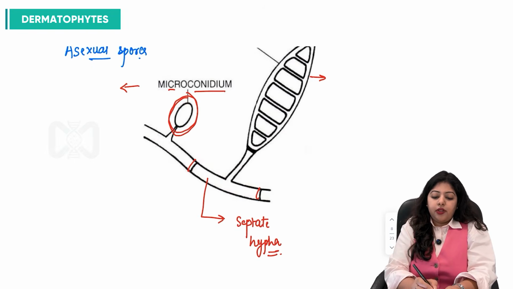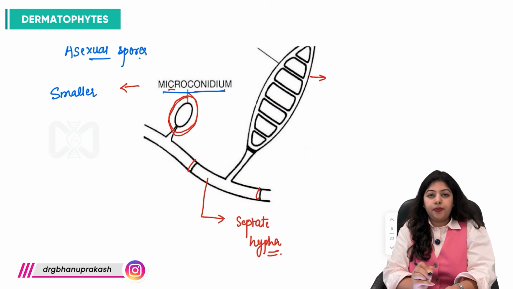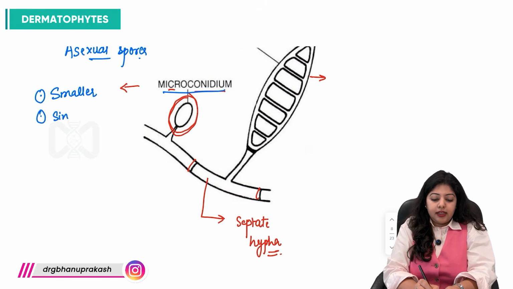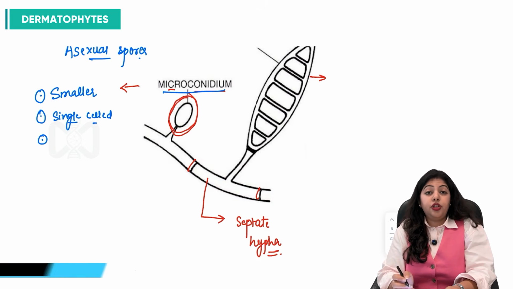Right? So these microconidia are naturally micro, so these are smaller in size, single-celled, right? And these can also vary in their shapes.